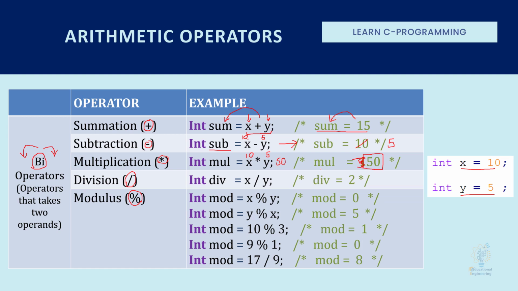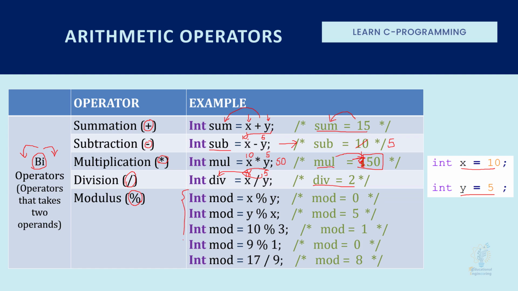So the variable called multiply will be 50, which is an integer. Now we also have the division, x, which is 10, divided by 5, which is basically an integer. 10 divided by 5 equals 2. So the result will be stored inside the division variable, which is 2.